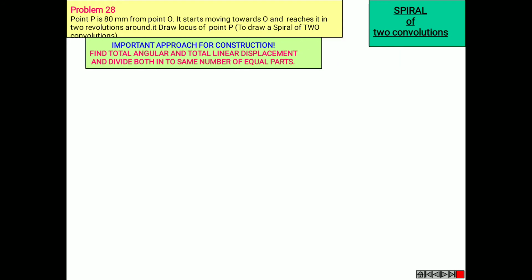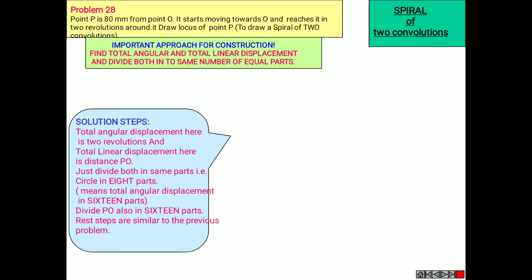So the important approach for construction is to find the total angular and total linear displacement and divide both into the same number of equal parts, as usual in the spiral of one convolution. Now some solving steps. Total angular displacement here is 2 revolutions, and total linear displacement here is the distance PO.